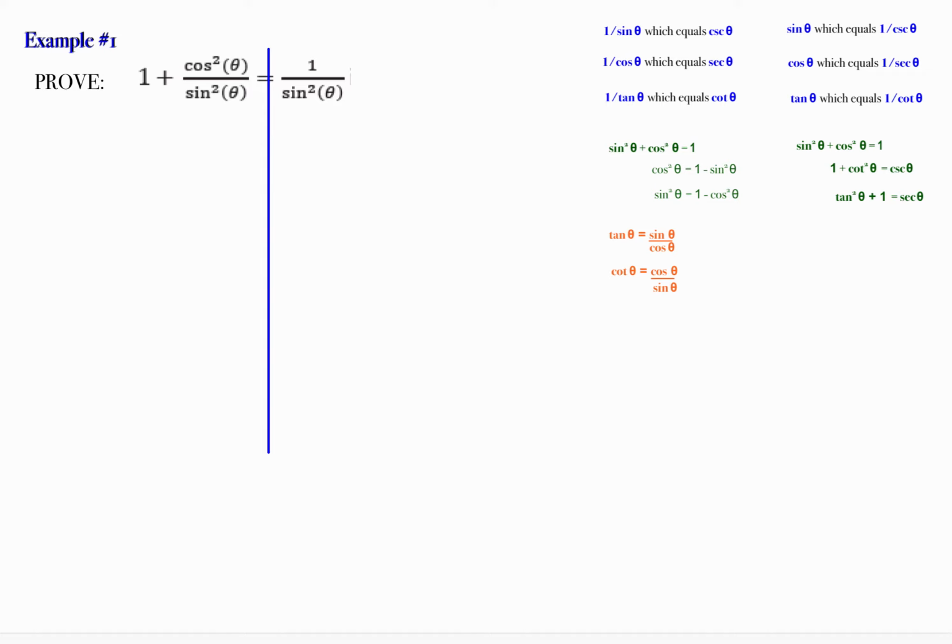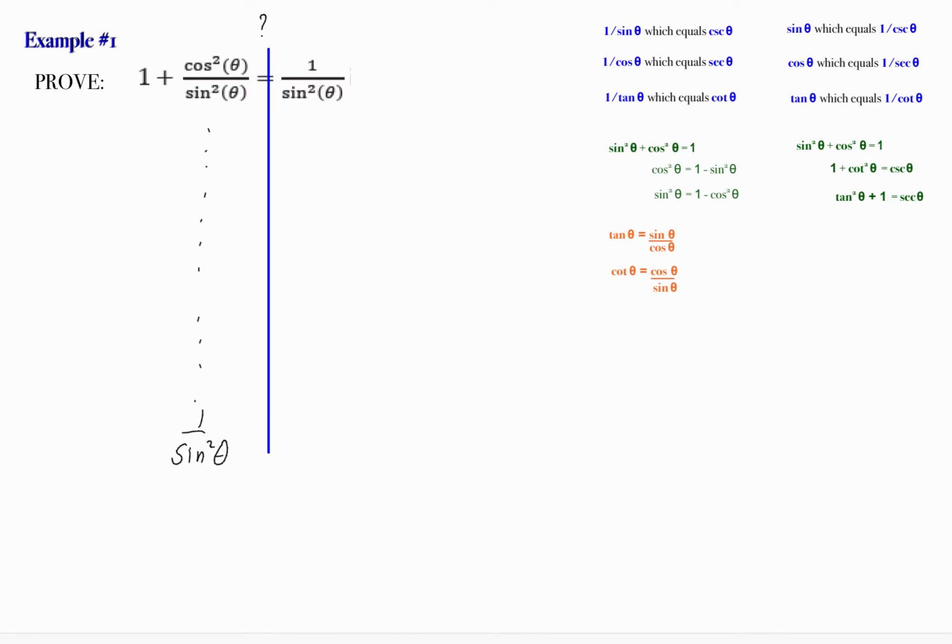So here's how an identity proof works. We pick one side. Since we're proving this, it's not yet equal. We are questioning, does the left side equal the right side? So what you need to do is work one side until it looks like the other side.